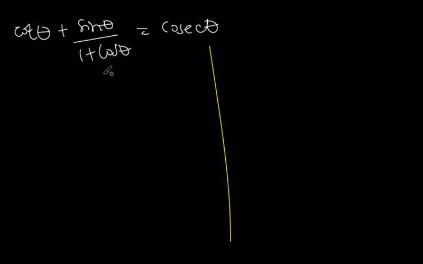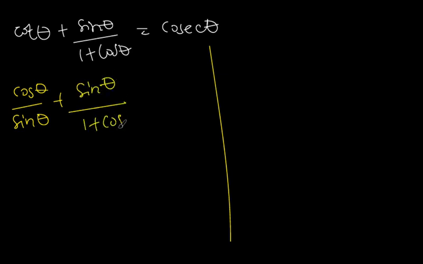First of all, we need to simplify the cot theta we have over here. The cot theta can be written as cos theta divided by sin theta, then plus what we have over here, which is sin theta over 1 plus cos theta.